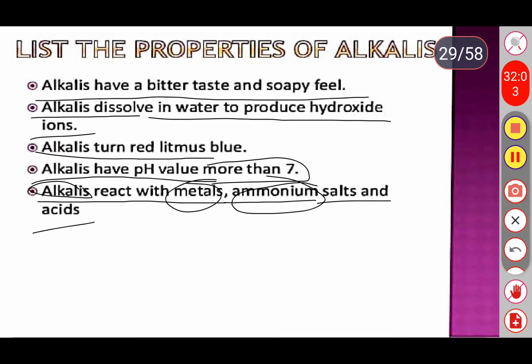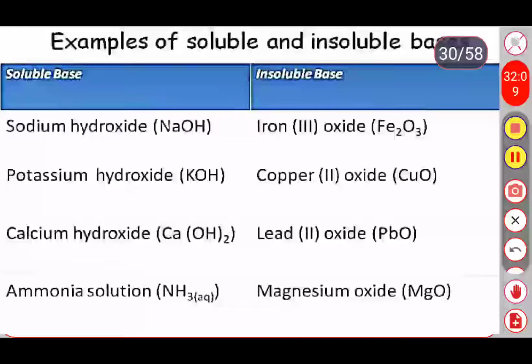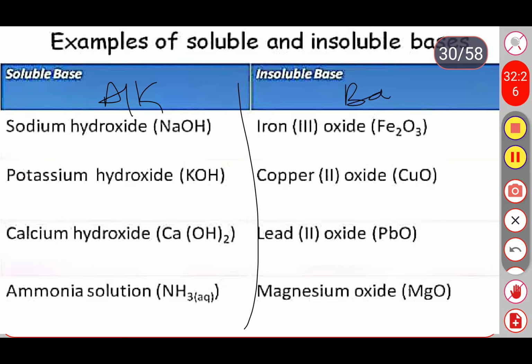Here are some examples of soluble and insoluble bases. What are we going to consider the soluble bases? Soluble bases are alkalis. So these are the alkalis and these are the pure bases, right? So alkalis are sodium hydroxide, potassium hydroxide, calcium hydroxide and ammonium solution.